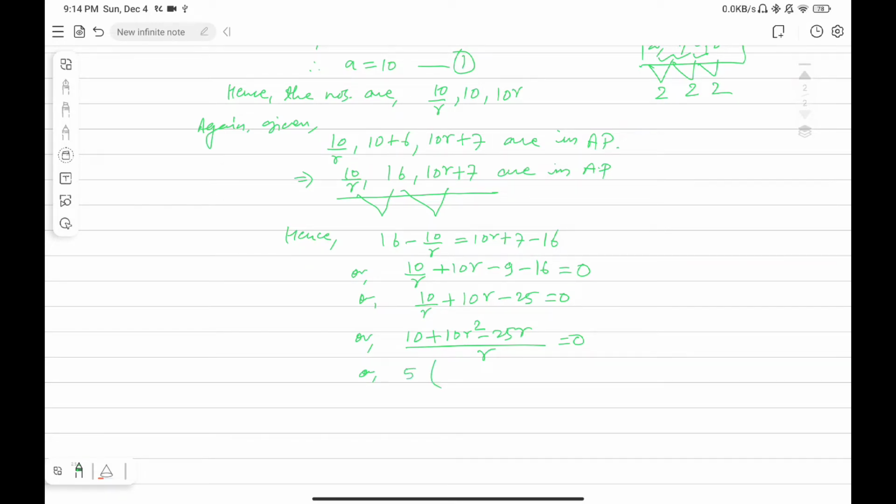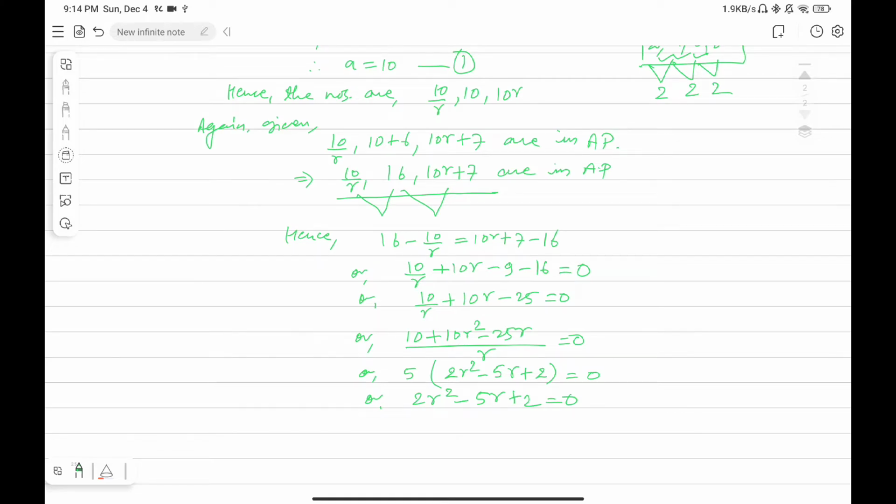Let's write it as 5 times 2R squared minus 5R plus 2, rearranging the middle term, with 10 at the end as 5 times 2. And R multiplies with 0 and it becomes 0. This 5 goes to the other side and divides 0 on the RHS, and 0 divided by any number is 0.